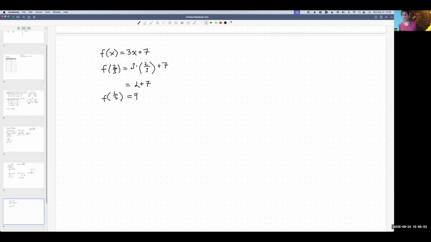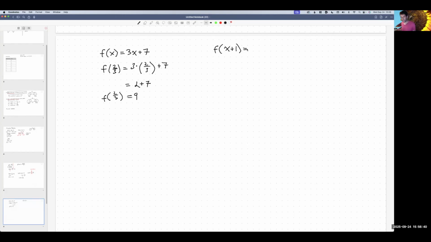Sometimes, and this is the kind of thing I can't give you a great example of right now, there will be good reasons where the inputs we want are going to be symbolic of something else. For example, I may want to compute something like this. What if I wanted to know what f of x plus 1 is?